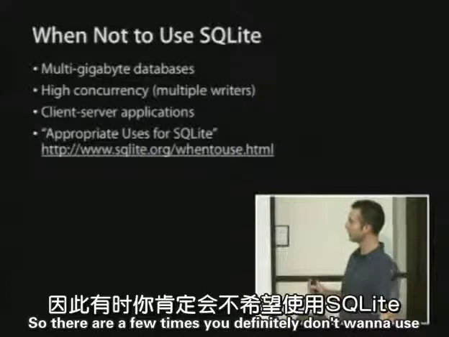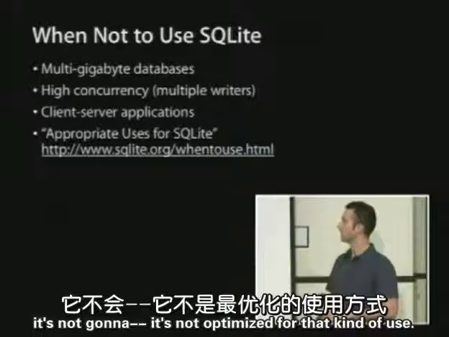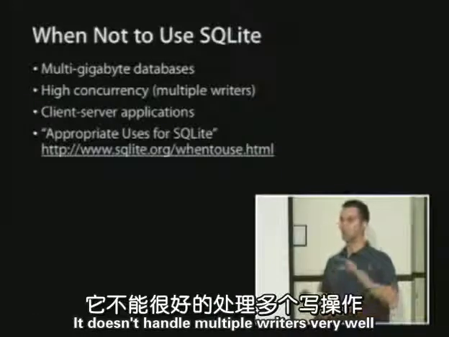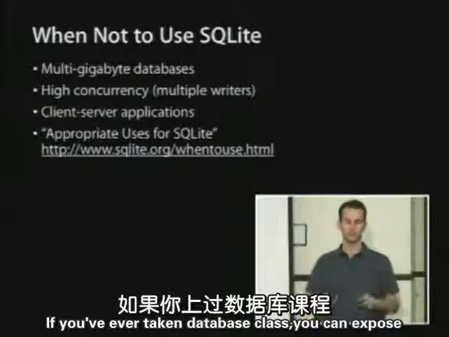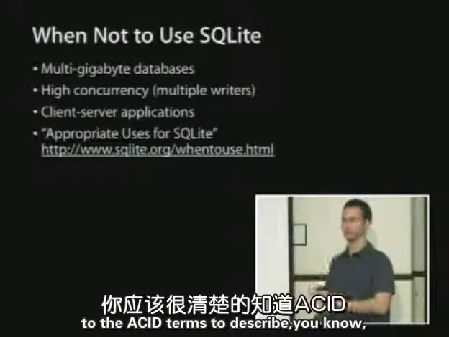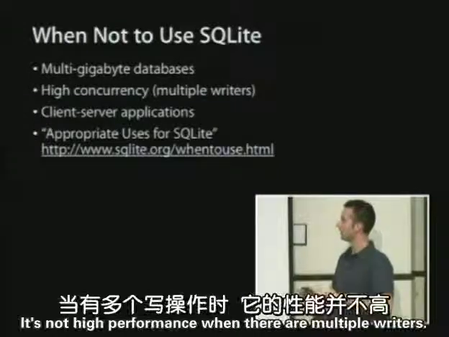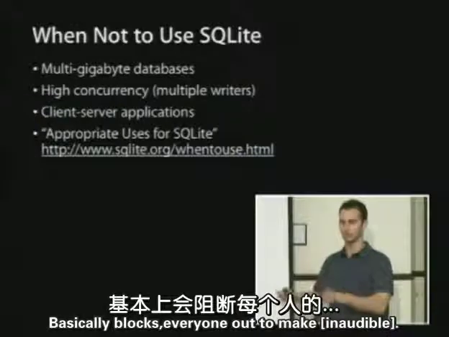So there's a few times you definitely don't want to use SQLite, though. If you have really big databases, it's not optimized for that kind of use. It doesn't handle multiple writers very well. Like, it is ACID. If you've ever taken a database class, you've been exposed to the ACID terms that describe the properties of databases. It's not high performance when there are multiple writers. It basically blocks everyone out to make its writes.